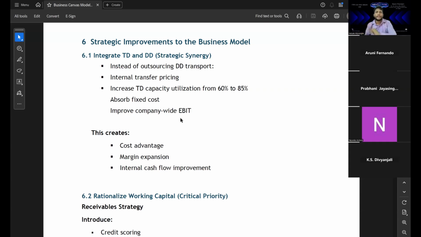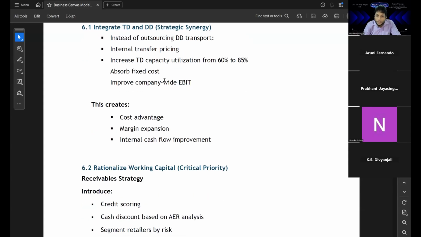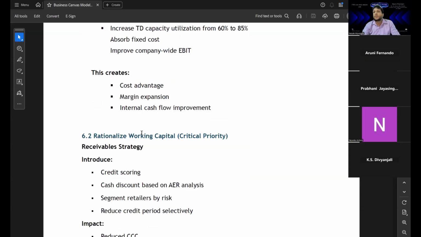As a whole, take earnings before interest and tax. By making these strategic improvements in the business model canvas, this creates cost advantage, margin expansion, and internal cash flow improvement.